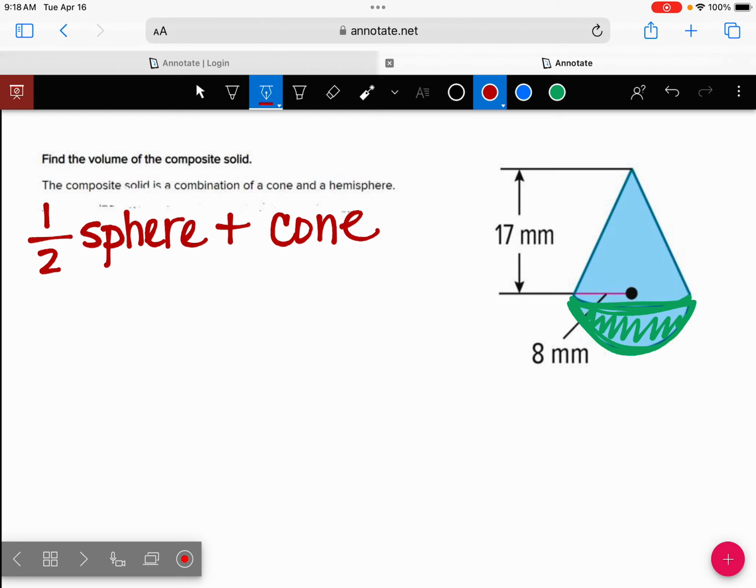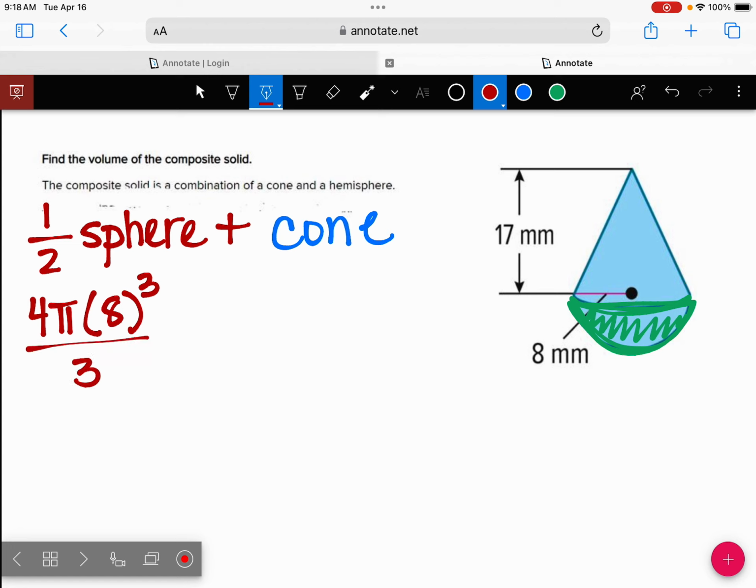So let's start off with half of the sphere. I am struggling with my iPad today. Okay, there we go. So let's start off with the sphere. So we have, again, the radius is 8, so it's just like the question before. So we cannot actually use the exact same number that we did in the last example. So we have 4 pi r cubed over 3.